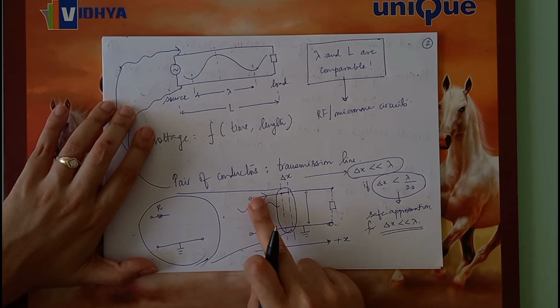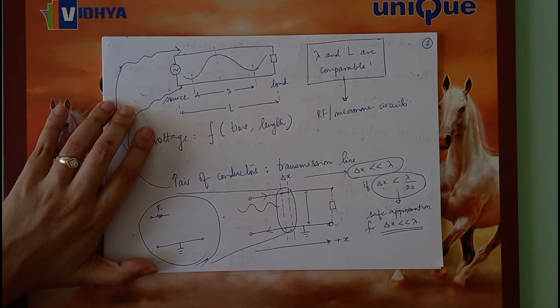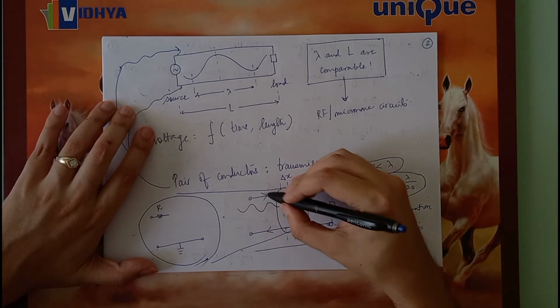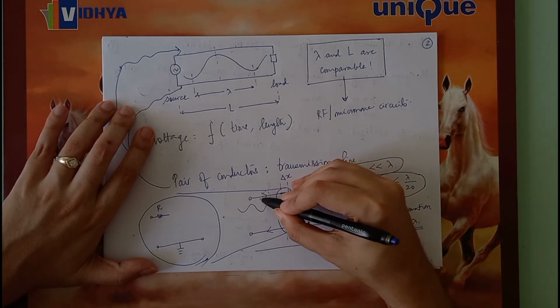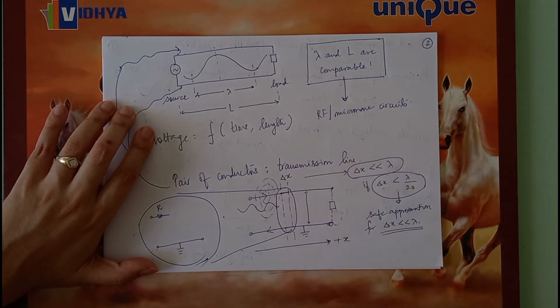Now, suppose there is a current which is flowing through this wire and that is time varying. As you know, there is always a magnetic field generated around any current carrying conductor. Since the current is not a DC current but a time varying current, even the magnetic field generated around the conductor will be time varying in nature.